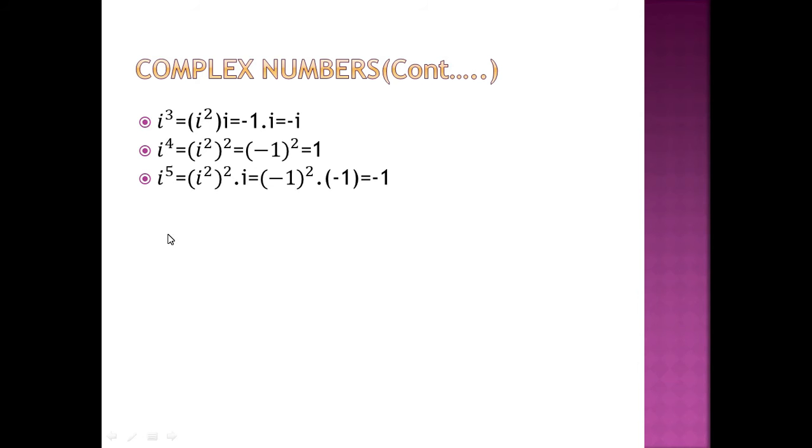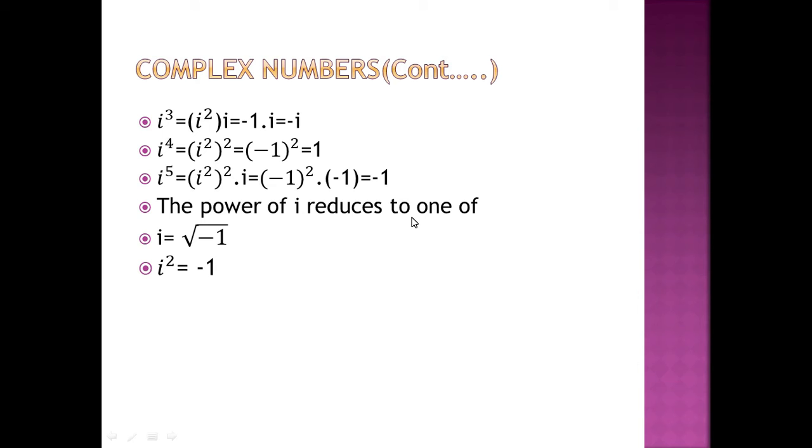So the power of i reduces to one of these numbers: i is equal to the square root of negative 1, then i squared, then i cubed, then the fourth power, and so on.